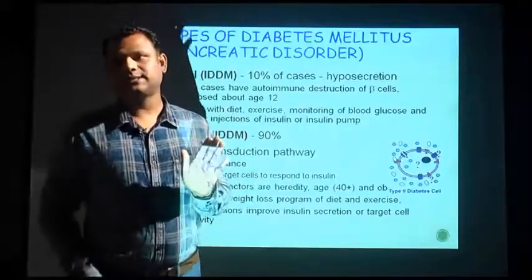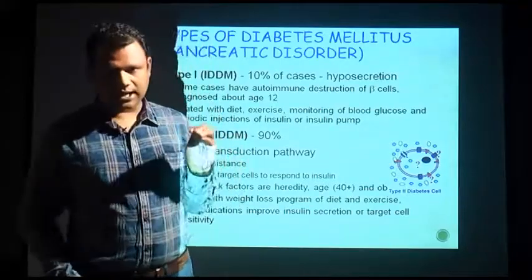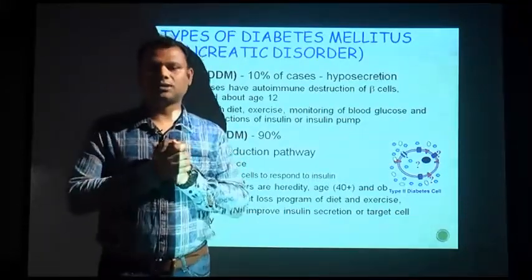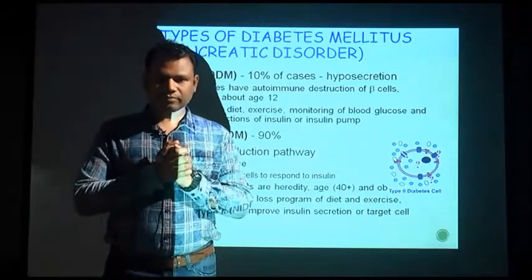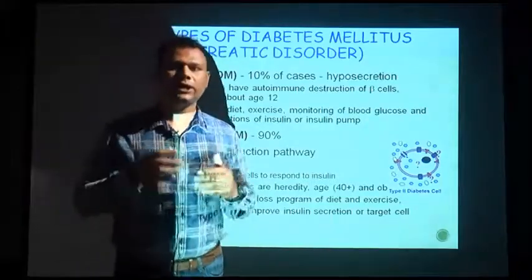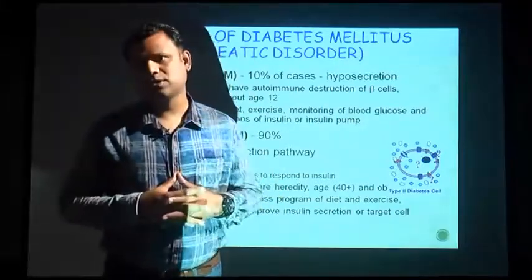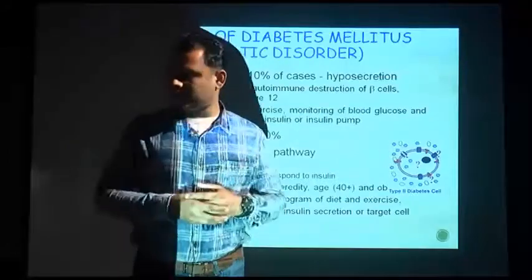Around 10% of our population has type 1 diabetes, and this is caused basically by autoimmune destruction of the beta cells. If the beta cells are destroyed, there will be no insulin production and it can lead to type 1 diabetes.